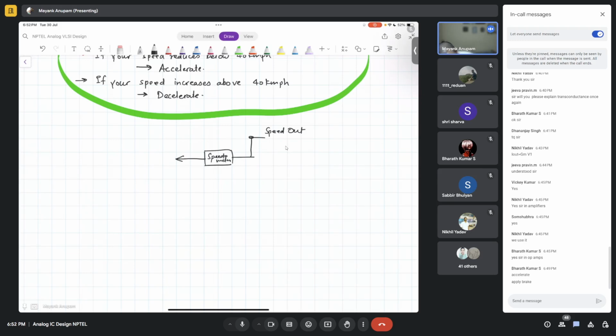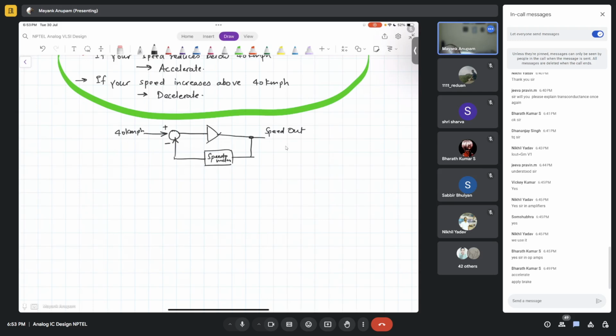Using this you are sensing it, and there is another piece of information also, right? You want to achieve a constant speed of 40 kmph. Both of these pieces of information you have, and you subtract them. So basically, if the speed goes above the speed limit of 40 kmph, what do you do? You decelerate, right?